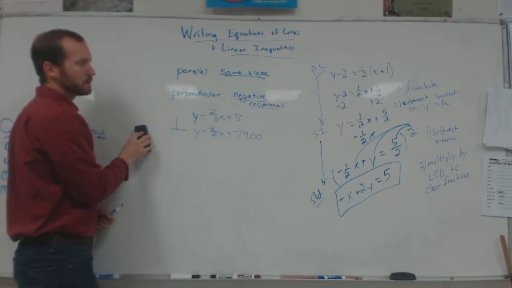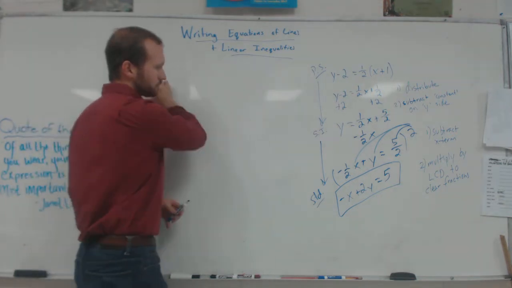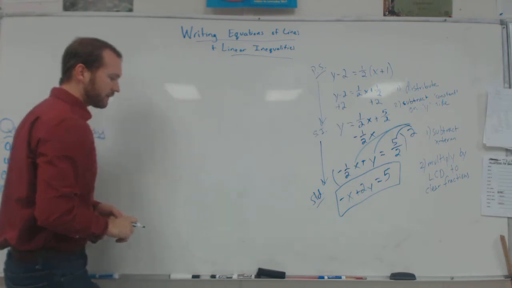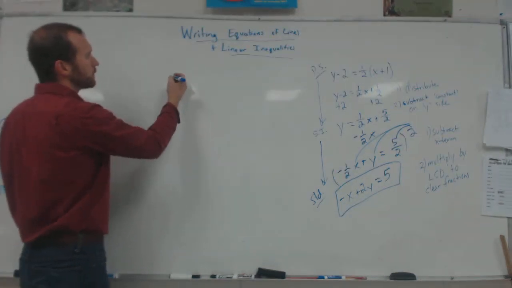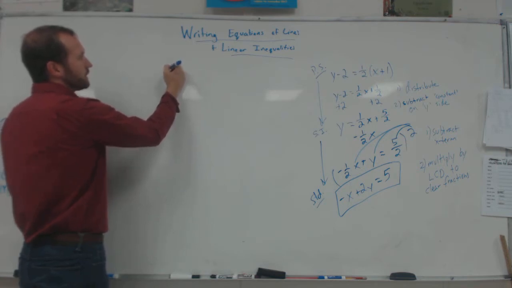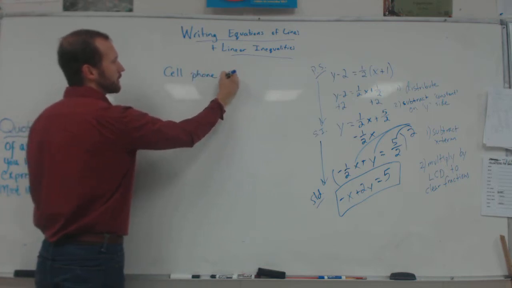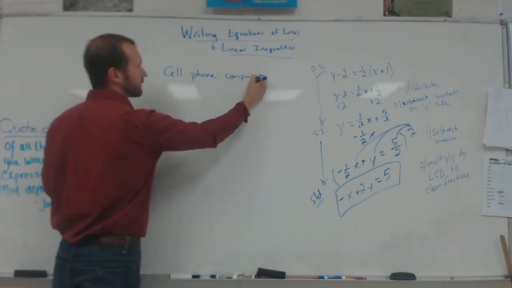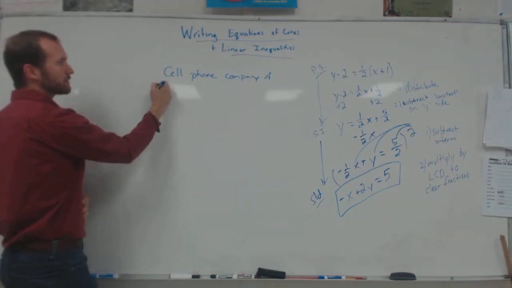All right. Last thing I want to talk about. Let's say you're given kind of a word problem. You know, we did things like this. Cell phone company A, just to be super generic, right?